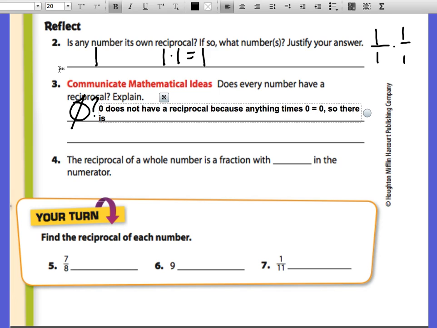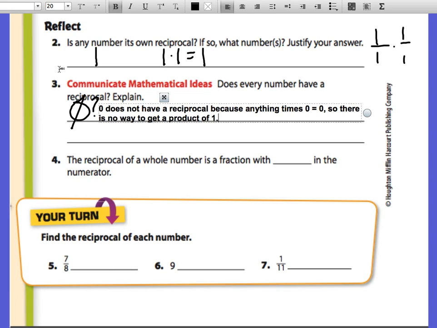So there is no way to get a product of 1. Hopefully that makes sense, that 0 wouldn't have a reciprocal because no matter what you multiply it by, you get 0. And the only number that's its own reciprocal is 1, because 1 is the only thing that you can multiply by 1 to get 1.